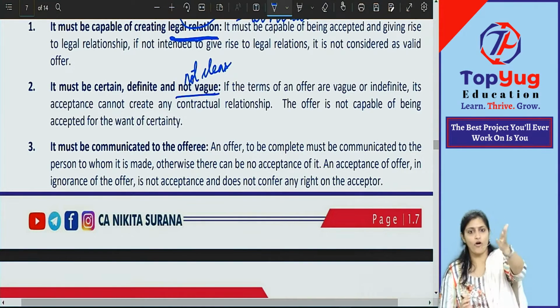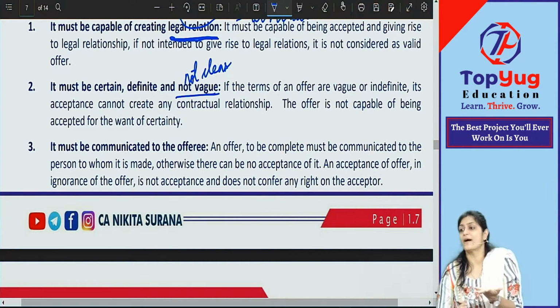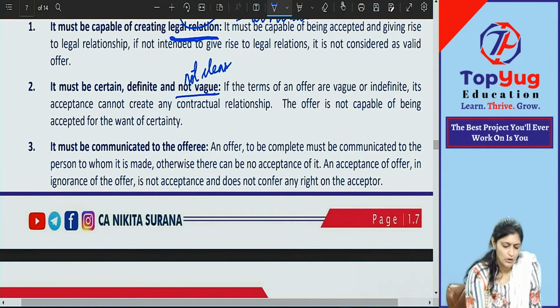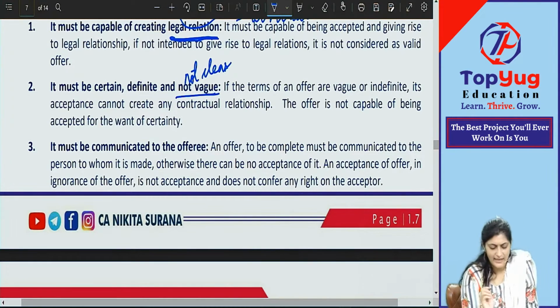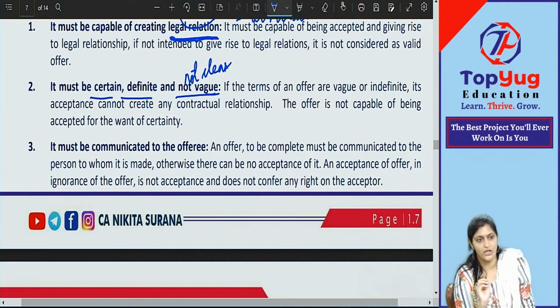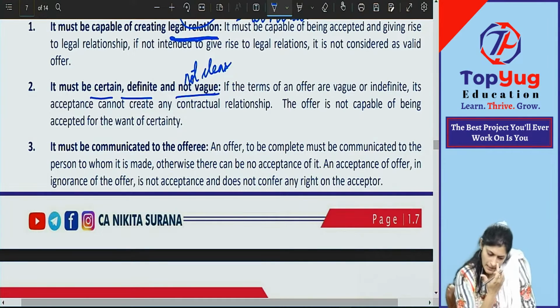That offeree should clearly understand what you want to give. What is your willingness should be clearly understood by the offeree. Then only your offer will be valid. So whenever an offer is made, it must be certain, definite, and not vague. It should be clearly mentioned so that there is no confusion in the minds of the parties.